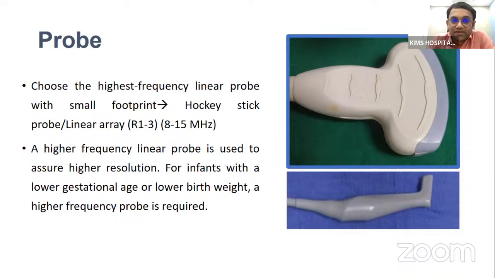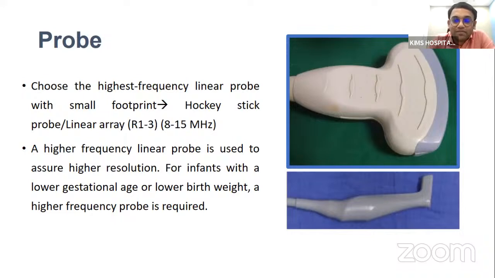When a high frequency probe is used, we get better resolution. For any infant born at a lower gestational age, around 24 to 28 weeks, or with very low birth weight, especially ELBW and VLBW babies, we need a very high frequency probe, which doesn't need great penetration. We want superficial penetration that can give a better picture.